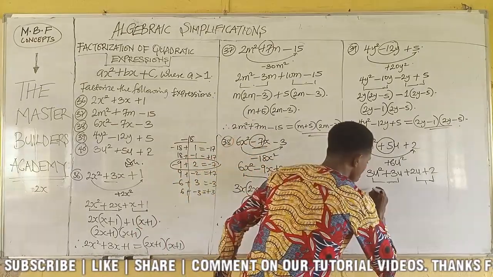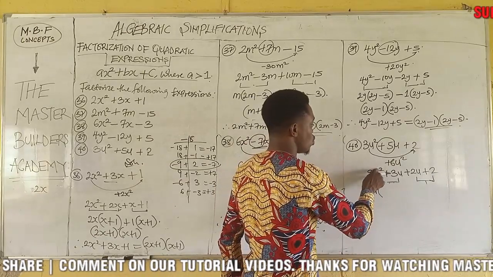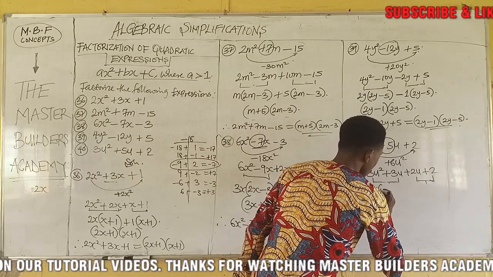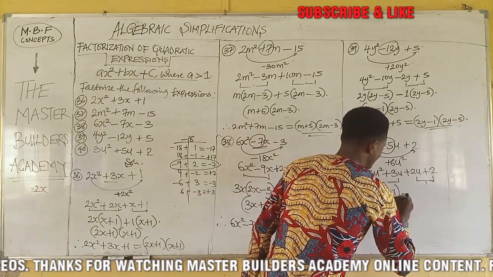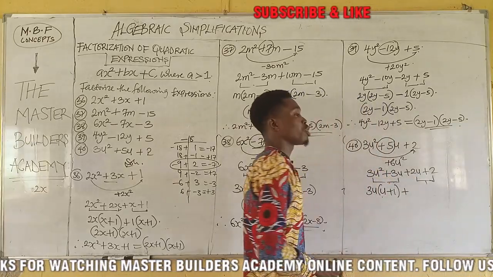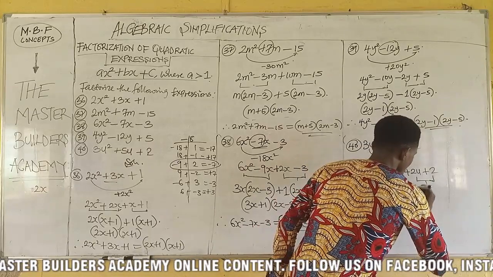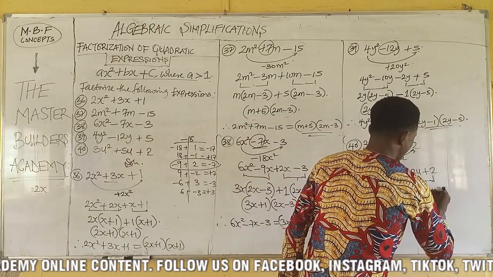Therefore, we have 3u as a common factor. Now, 3u squared divided by 3u, we are going to have u. And 3u divided by 3u, we are going to have 1. Then plus, what is common between 2u and 2 is 2. So put down 2. Now 2u divided by 2 we have u. And 2 divided by 2 we have 1.